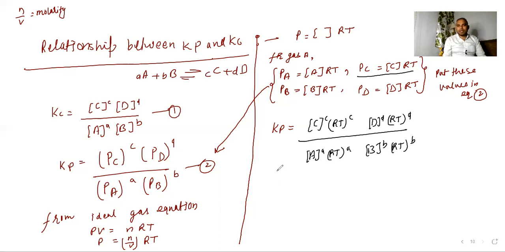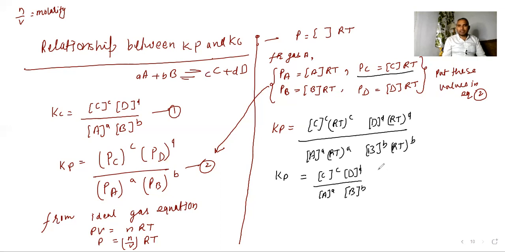Similar terms we have to take on the same side. So that is [C] to the power c, [D] to the power d, divided by [A] to the power a, [B] to the power b.